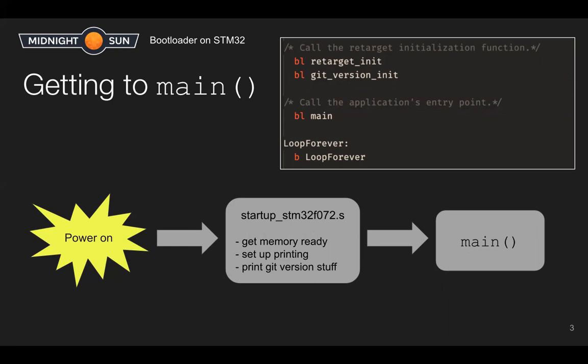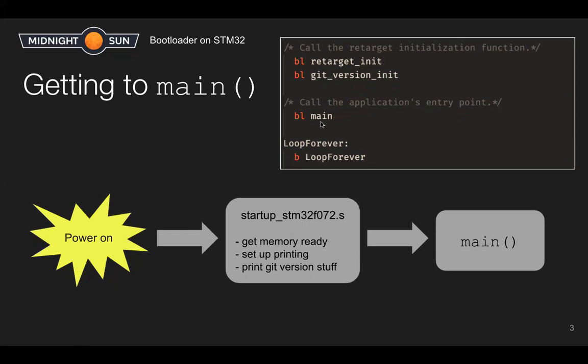So what happens pre-bootloader is we power on, and then we don't go directly to main. Instead, we go to the startup script, startup_stm32f072.s. The .s means it's actually an assembly file. So this isn't C, this is ARM assembly.